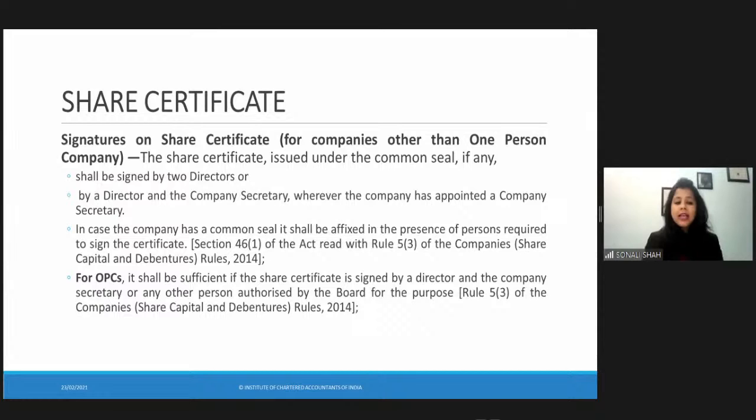The 4th point says issue of share certificate by OPC. In case of OPC, it will be sufficient if the share certificate is signed by 1 director and the company secretary or any other person authorized by the board for this purpose. So for OPC, the requirements are very, very low.